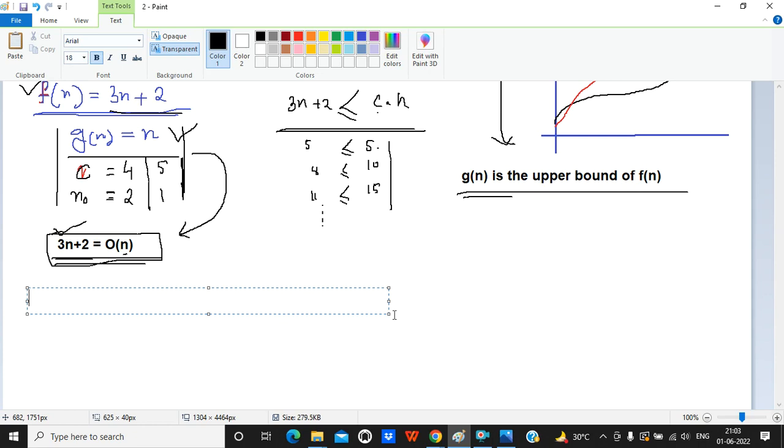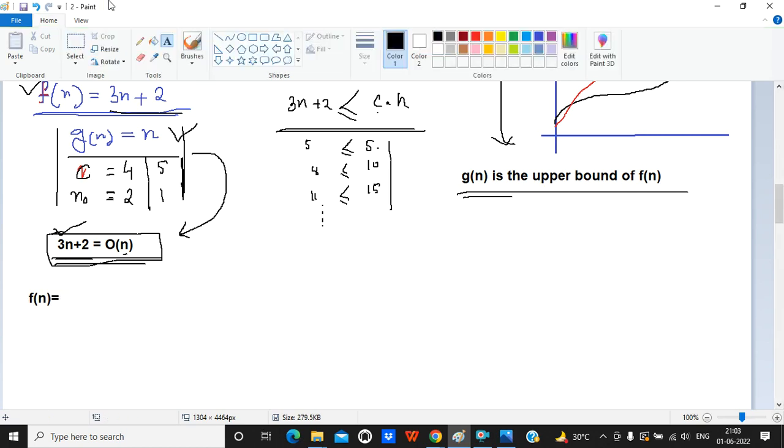Say f of n is equal to, say, 10n square plus 2n plus 1. Suppose a function is like that. A quadratic function.